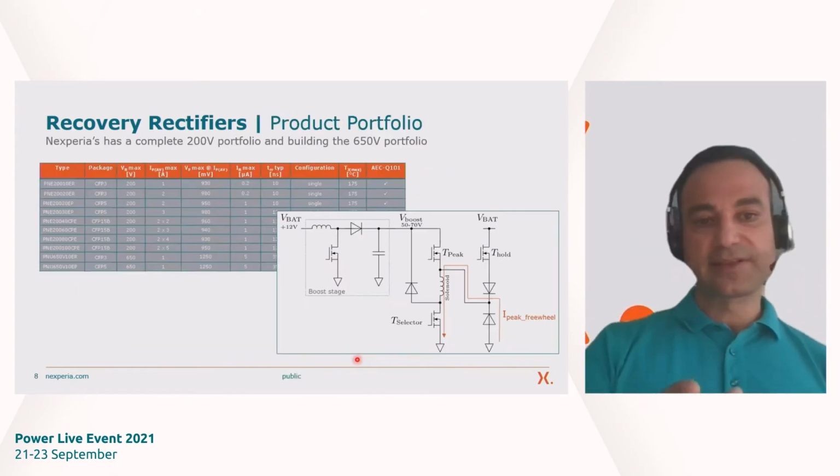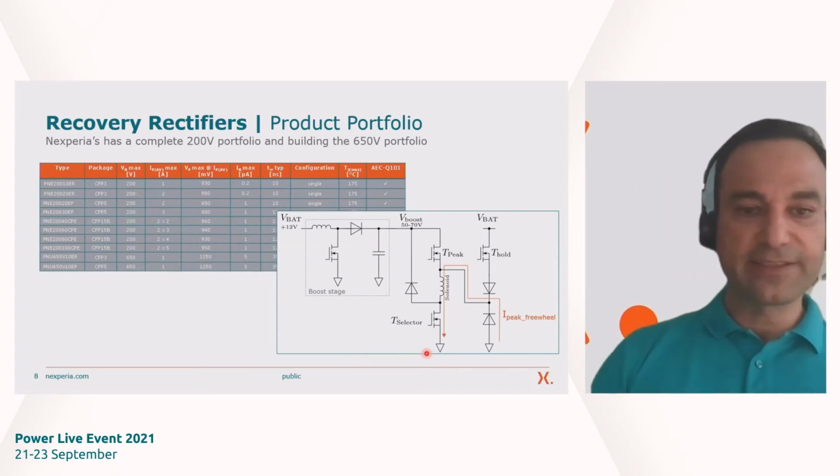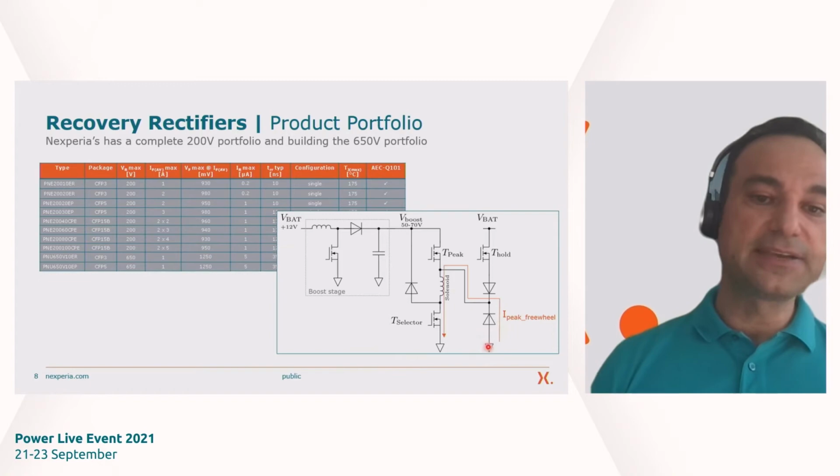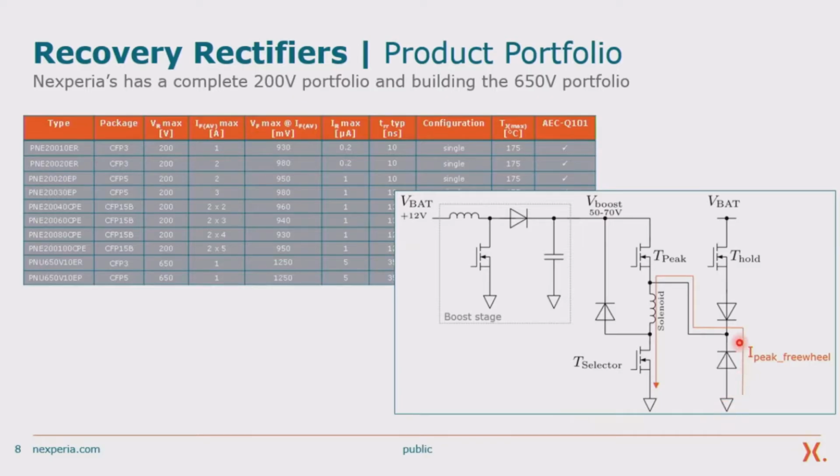Let's go back to the schematic and take a look again at the freewheeling diode. This diode has the highest conduction losses since it has to conduct the peak current, right? That means the parameter to be optimized is VF of the diode.